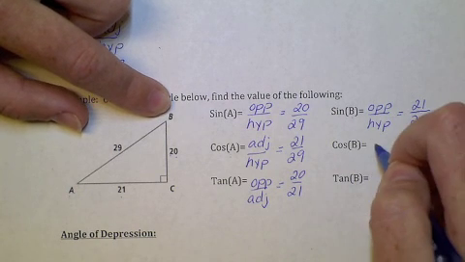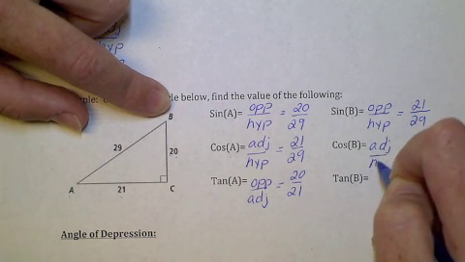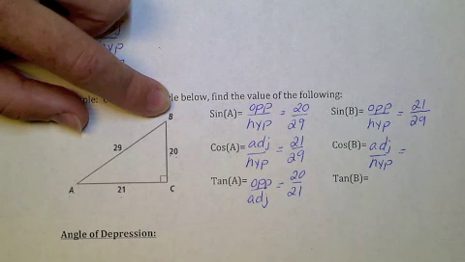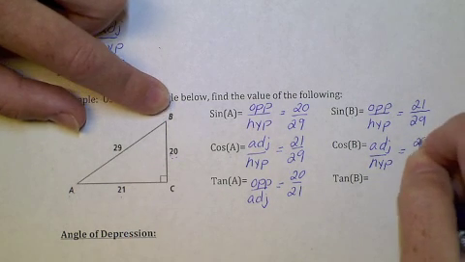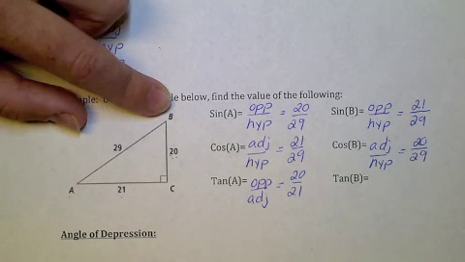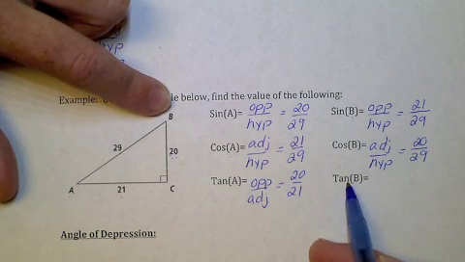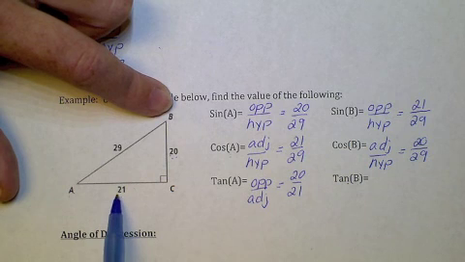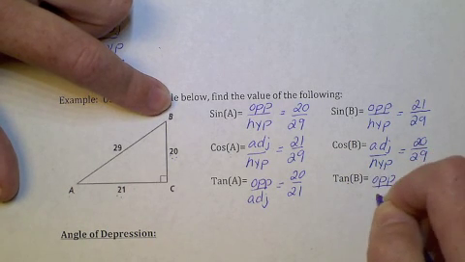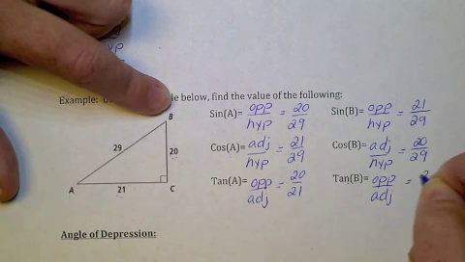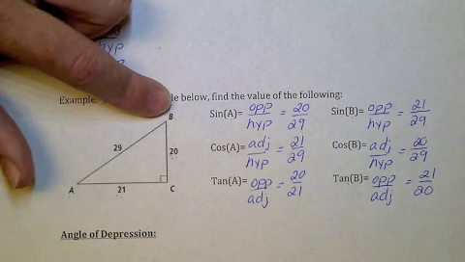Cosine of B, it's still adjacent over hypotenuse, but adjacent is now 20, and that's 20 over 29. Tangent of angle B is opposite over adjacent, so that's going to be 21 over 20.